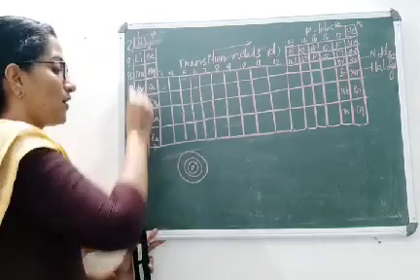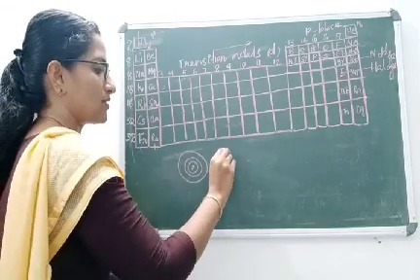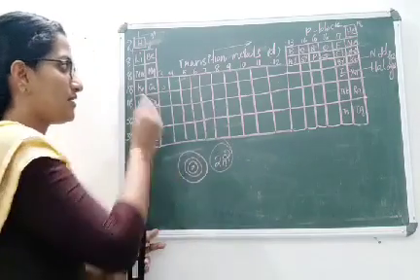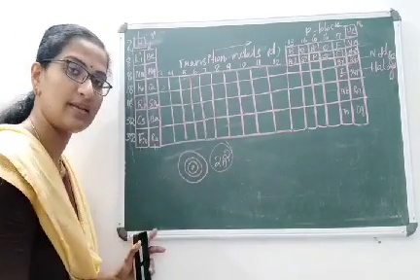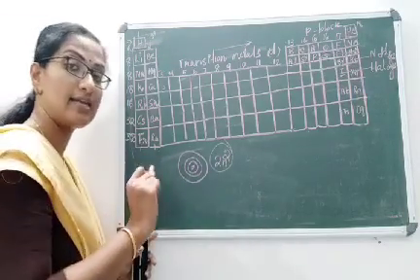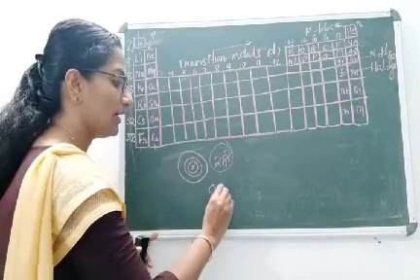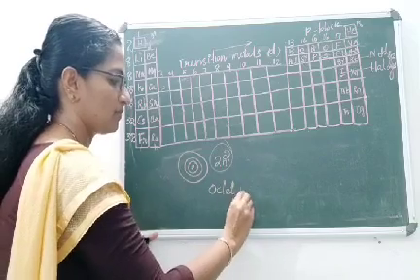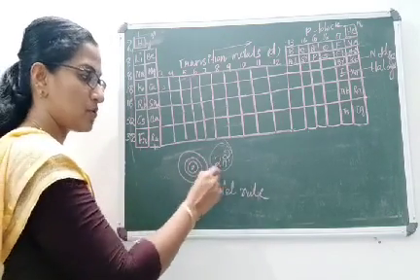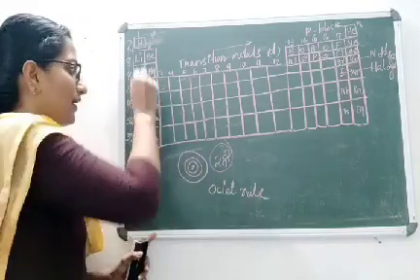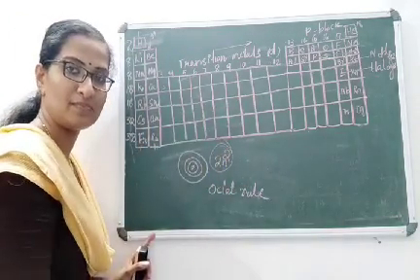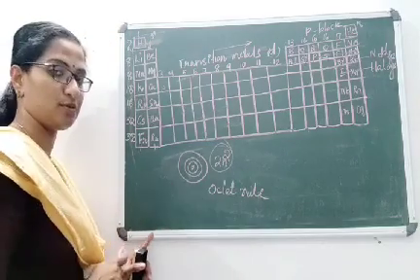So by looking at the 2n square rule, you can predict how many elements are present in each period. While writing the electronic configuration, follow the octet rule. But by substituting the value of n, you can see how many elements are present in each period. That is one of the merits of the Bohr-Bury rule.